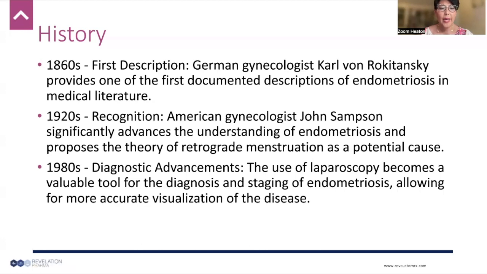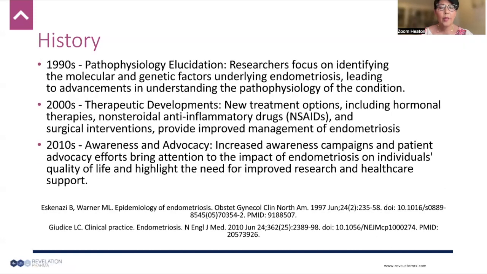In the 1980s, there were diagnostic advancements using laparoscopy, which is a valuable tool for the diagnosis and staging of endometriosis. In the 1990s, researchers identified the molecular and genetic factors underlying endometriosis, and that led to advancements in the understanding of the pathophysiology of the condition.